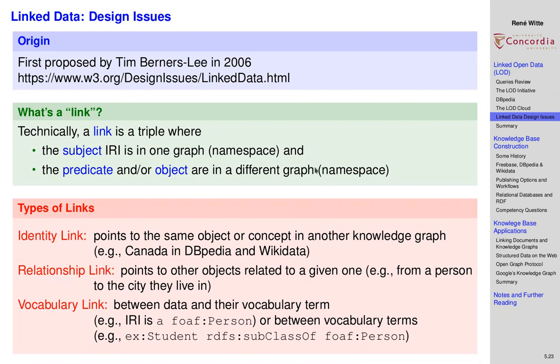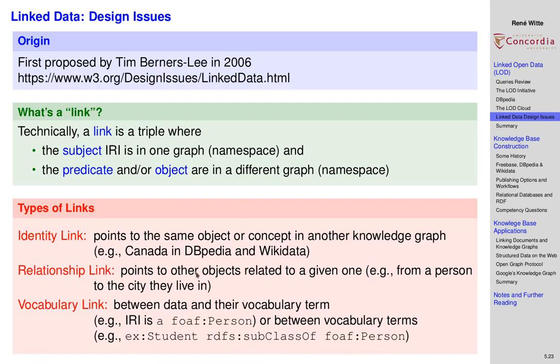And finally, you can have vocabulary links, and this is also something you've already used. For example, you had a definition of a student, and you said that student is a subclass of FOAF Person. And then this is a different graph. This is the FOAF knowledge graph. It's in a different namespace.